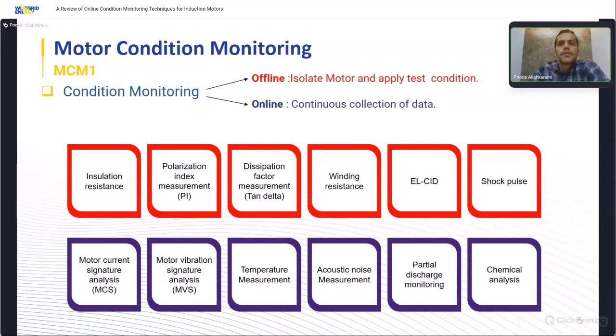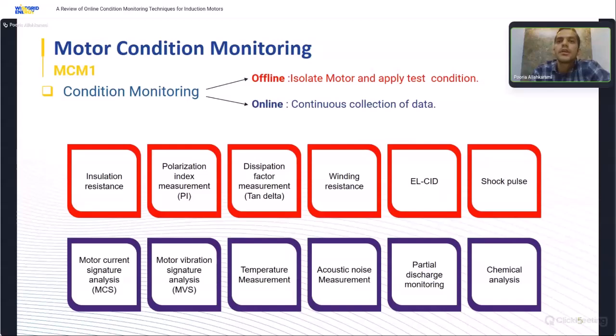We can also see changes in the viscosity of the oil or the grease used in the bearing. These analyses provide direct evidence of the physical and chemical changes in the bearing system. However, in this method, the motor remains operational.